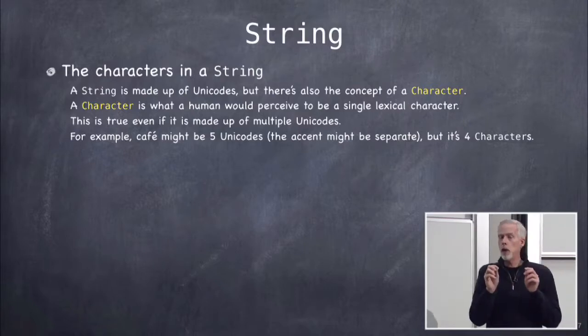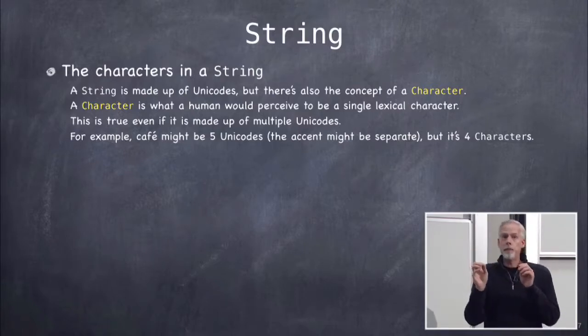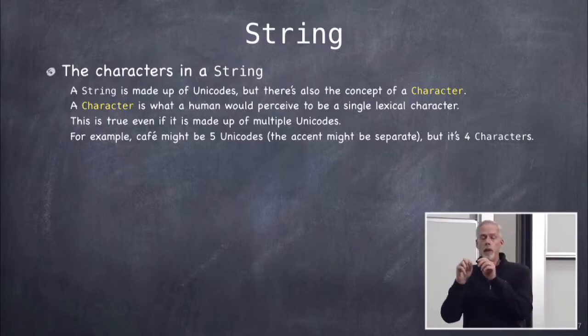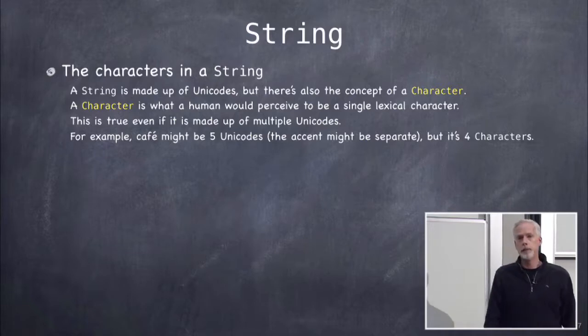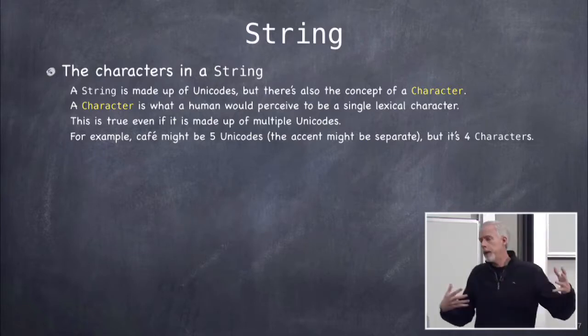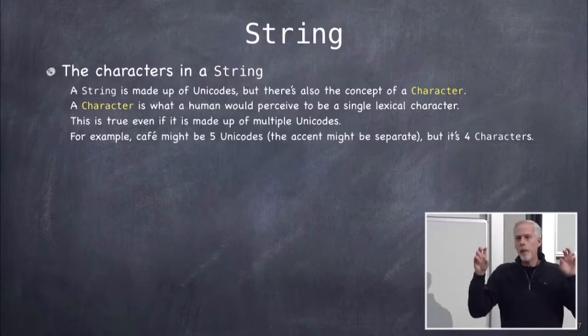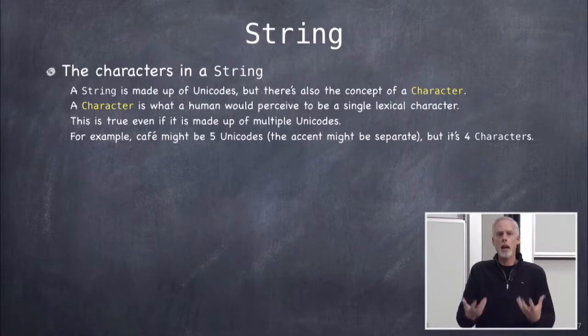That could be 4 Unicodes because there is a Unicode for accent aigu, or it could be 5. It could be the E with another Unicode character that says put an accent on that previous character. Okay? So when you have this kind of unknown how many characters it represents, you need a new abstraction to represent what we perceive as humans to be a character.